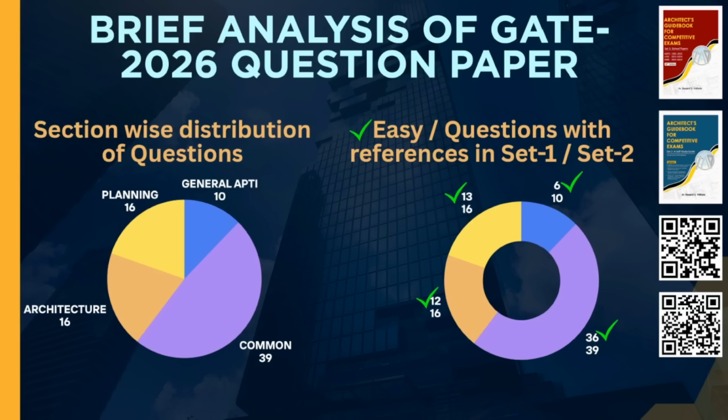For the common and compulsory section, out of 39 questions, 36 have ready references in Set 1, the previous year question papers, or Set 2, which contains the theory related to your GATE Architecture and Planning syllabus. For the architecture part, the B1 section, out of 16, I have identified 12 questions as easy to answer because most of them have ready references in the previous year question papers. Similarly, for Part B2, out of 16, 13 questions had references in both these guidebooks.